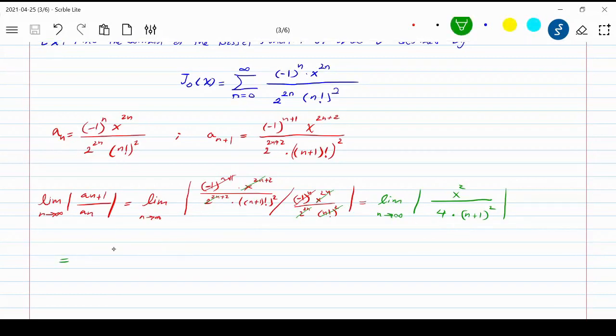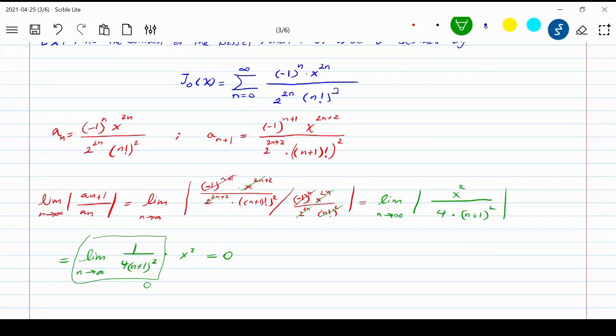Now, here's the good part. If we let n approach infinity, we get the limit of 1 divided by 4 times n plus 1 squared, times the absolute value of x squared, which is still x squared. As n approaches infinity, this term simply becomes 0. So 0 times x squared is still 0.